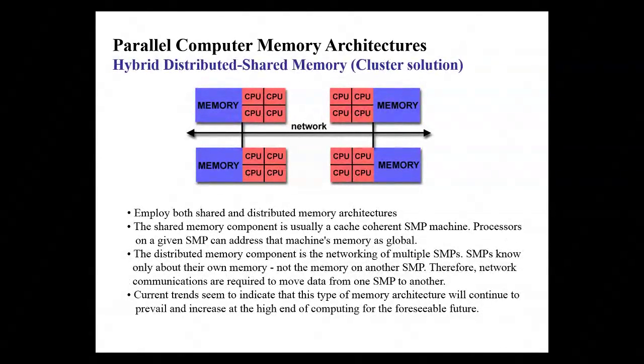The other one is for big systems like the clusters at SHARCNet or big systems in any HPC institution. It's the so-called hybrid distributed shared memory architecture. The cluster could be big.